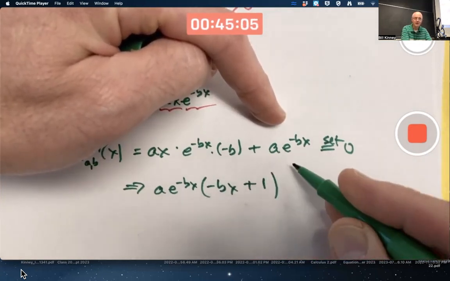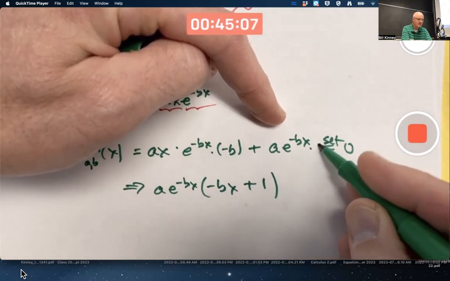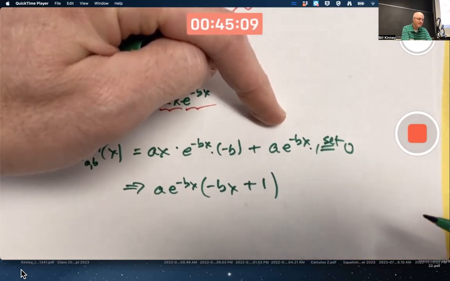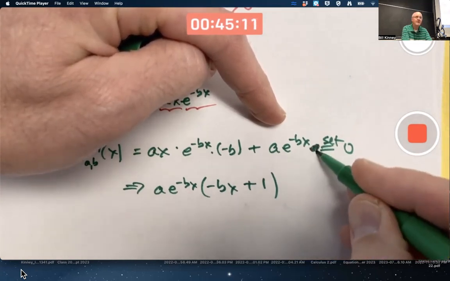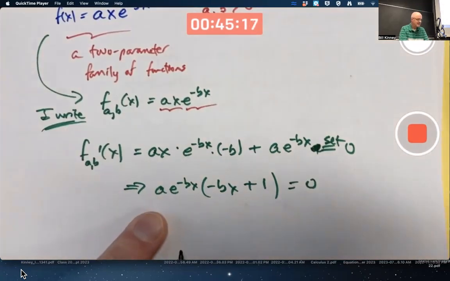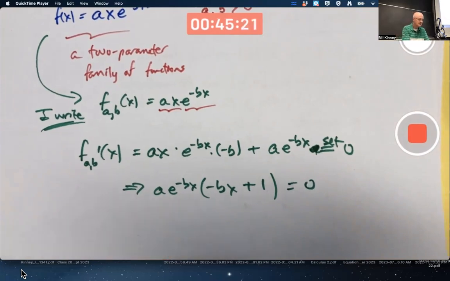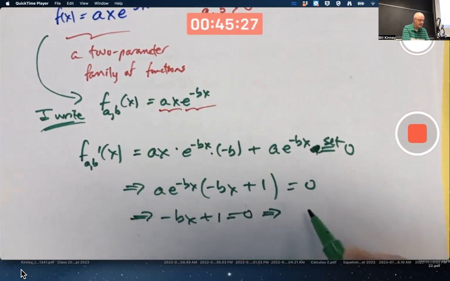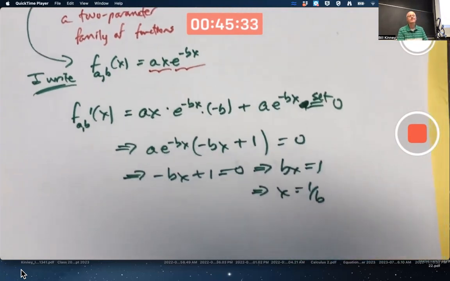You don't see a 1 there, but you could pretend it's there. a is positive, so that's not 0. e to a power is never ever 0. So the only way this is 0 is if negative bx plus 1 is 0. In other words, bx equals 1, so x equals 1 over b. That is the critical point.